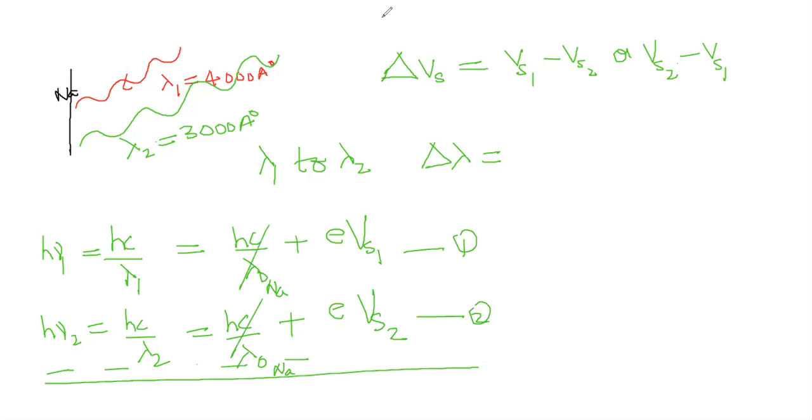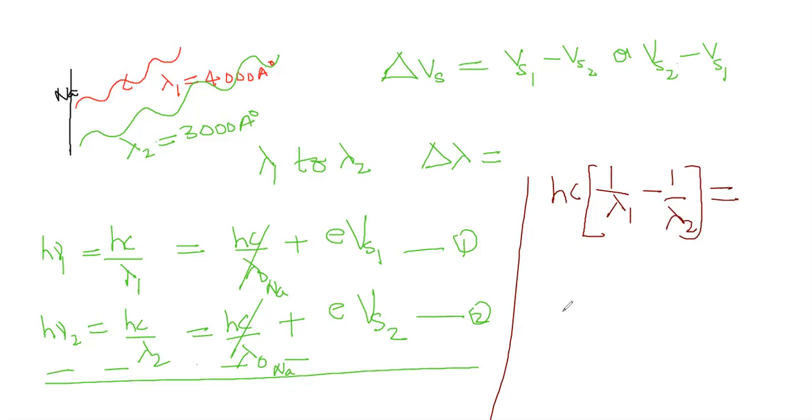Now, on the LHS and RHS, Hc will remain common on the LHS, 1 by lambda 1 minus 1 by lambda 2, is equal to, on the RHS, e into Vs1 minus Vs2.